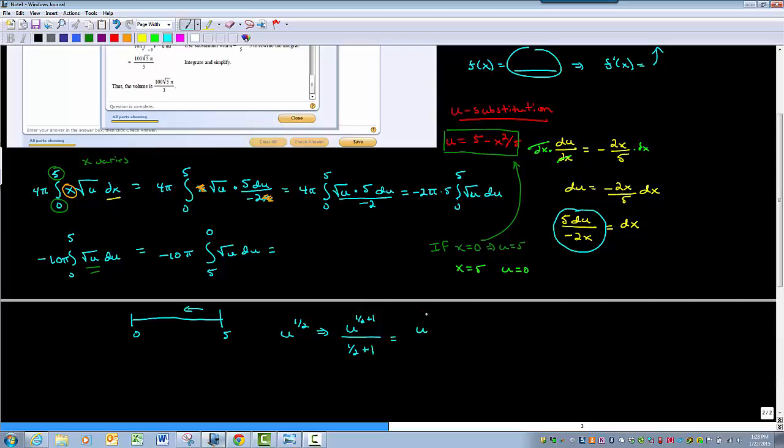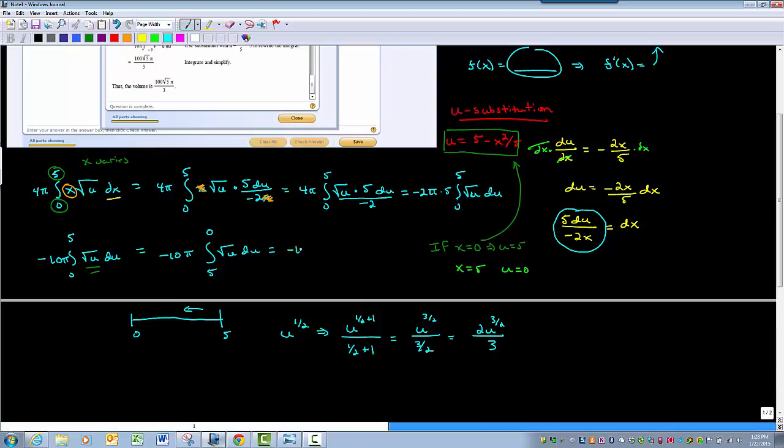And so that's going to be u to the 3/2 over 3/2, which is 2u to the 3/2 over 3. So this ugly guy is going to be negative 10 pi times 2u to the 3/2 over 3 evaluated from 5 to 0.